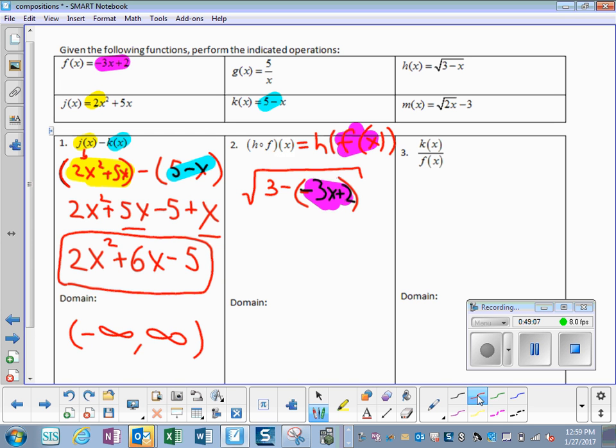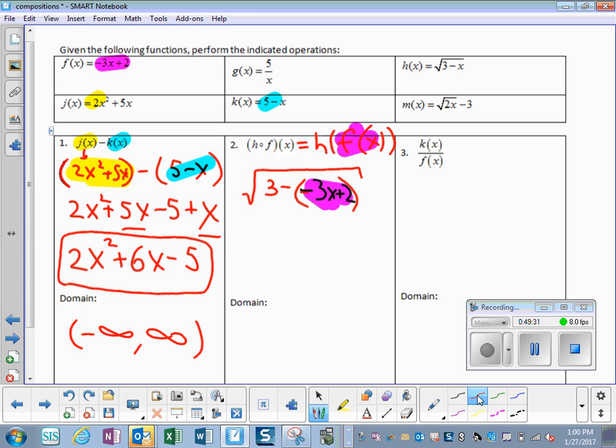Okay, so I need to simplify this. So h is square root of 3 minus x, right? So h is on the outside. I start with the h, square root of 3 minus, and then instead of the argument for this function, I have to put f. So I take the f of x and put it there.